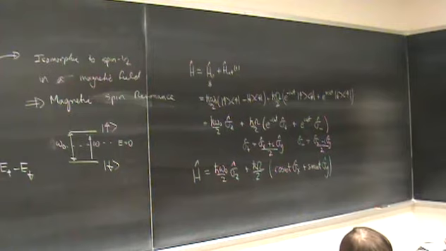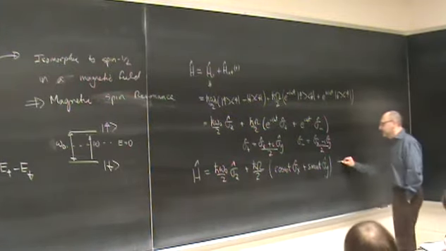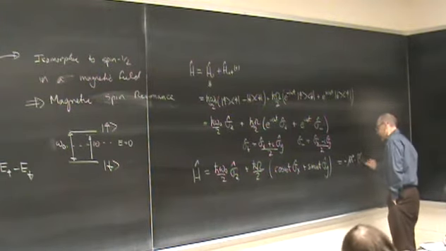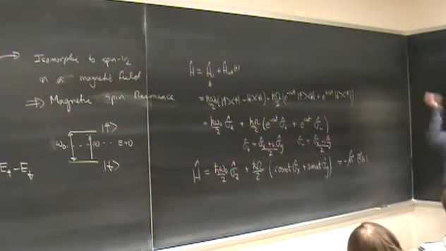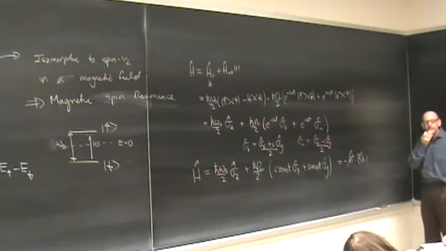All right. Okay. So how do I interpret this? Well, remember, this is supposed to be equal to minus mu dot B. I mean, everything is of that form. There's no other Hamiltonian in the problem except that, right?